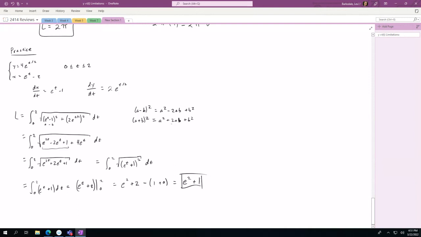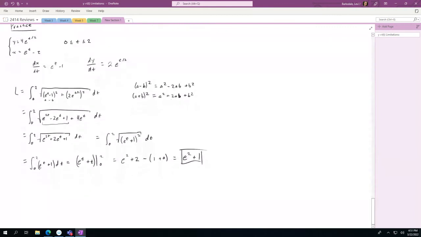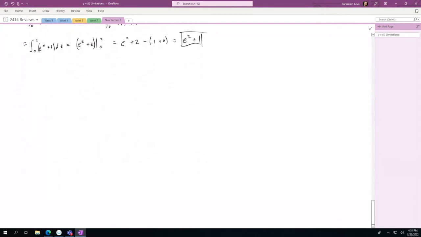All right. Now, the last topic we have to cover today is surface area. And our surface area formula is, again, basically the same formula. We have arc length times some kind of radius.